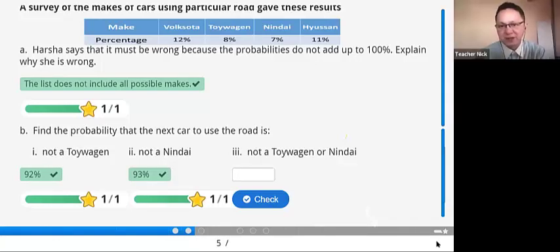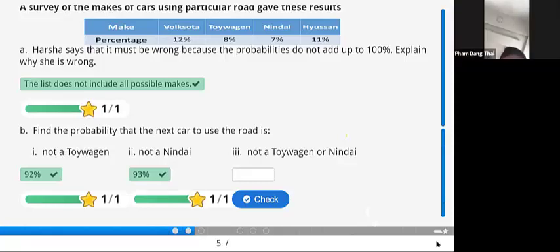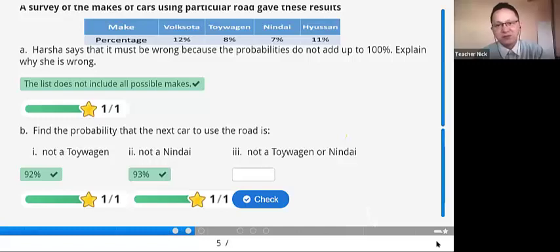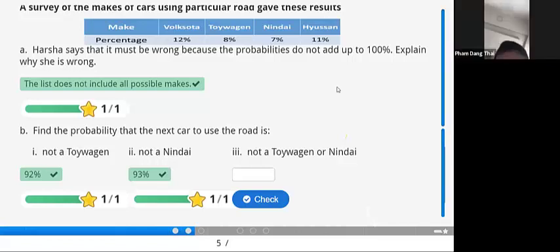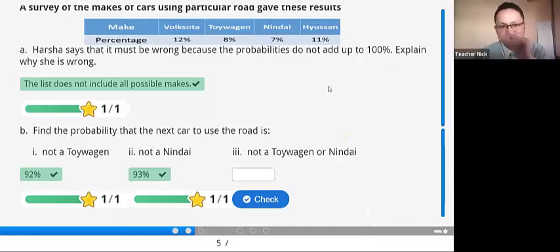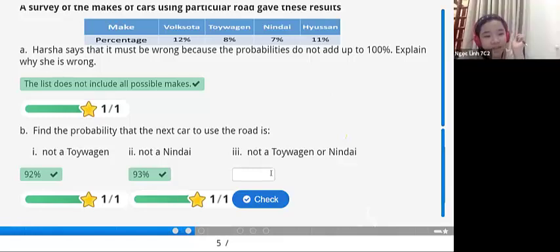Okay, what's the answer? Not a Toy Wagon or Inday. 85%. Why do you say 85%? 100% minus 8% minus 7%.